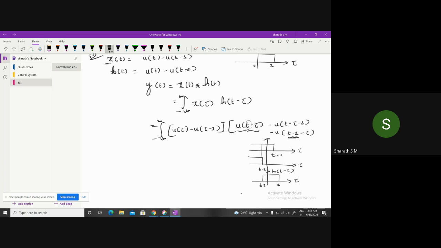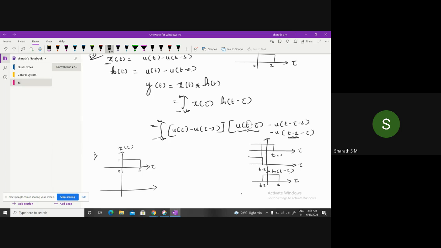Now we have x of tau, which is from 0 to 3 with amplitude level 1, and then this is t minus 2 to t.